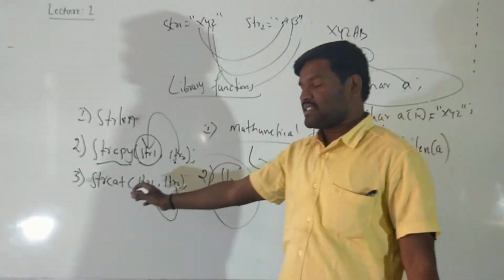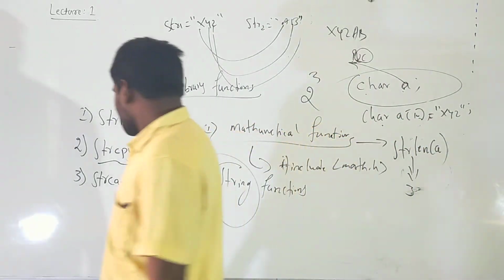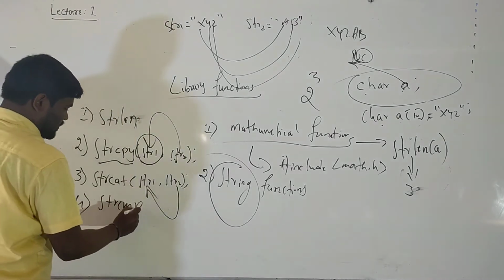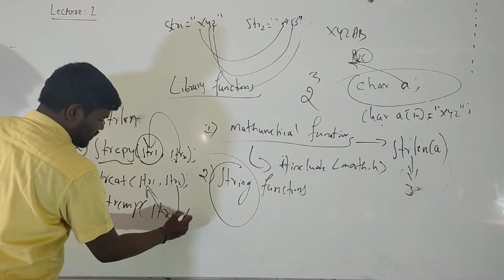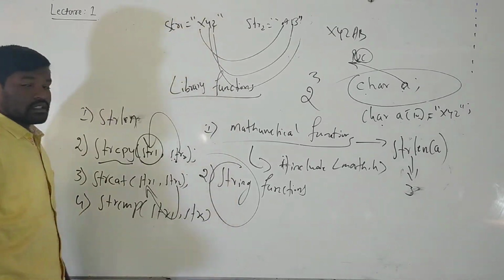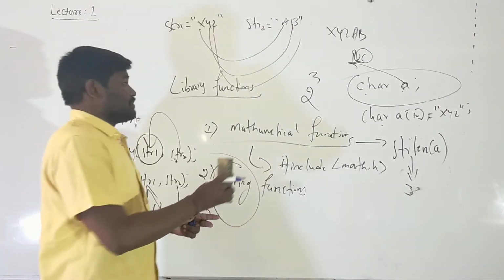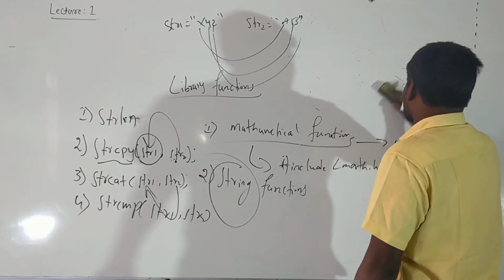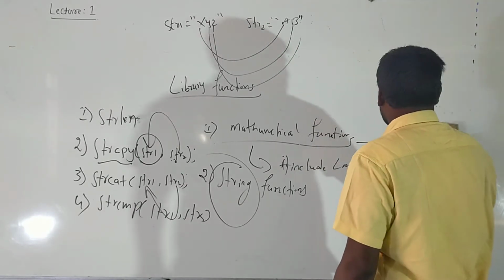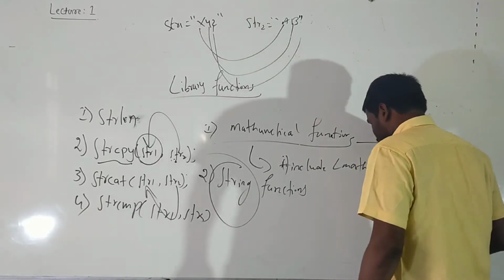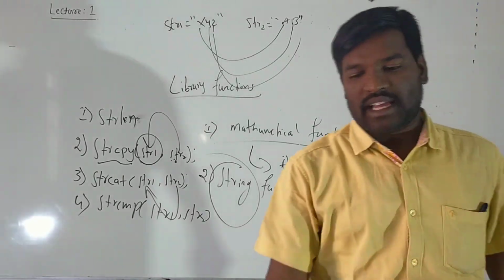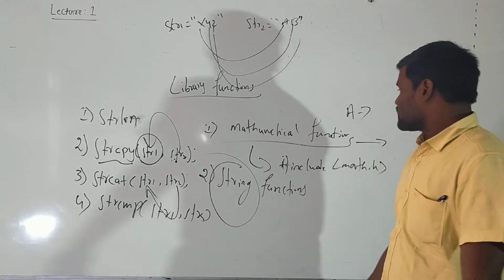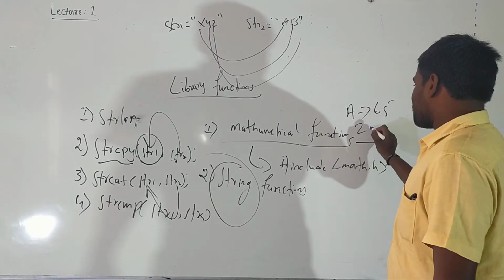That is strcat. Fourth one, strcmp, str1 comma str2. Here strcmp means string comparison. String comparison means the strings are compared character by character. We already know the ASCII values of characters: capital A is 65 and capital Z is 90.